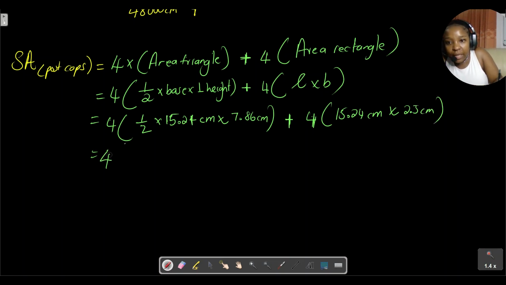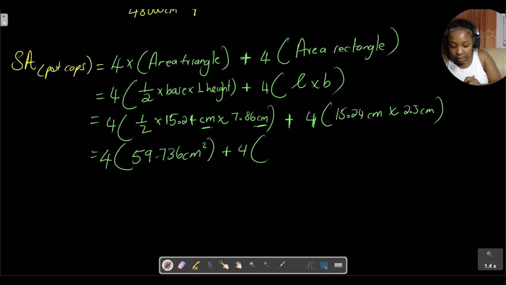So now let's punch these into our calculator. It's going to be 4 times open bracket, half times 15.2 times 7.86. What are we getting inside the brackets? It's 59.736 centimeters squared, plus 4 open bracket, 15.24 multiplied by 2.5, you're getting 38.1 centimeters squared.